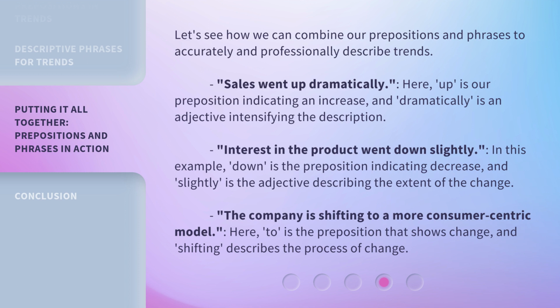In this example, down is the preposition indicating decrease, and slightly is the adjective describing the extent of the change. The company is shifting to a more consumer-centric model. Here, to is the preposition that shows change, and shifting describes the process of change.